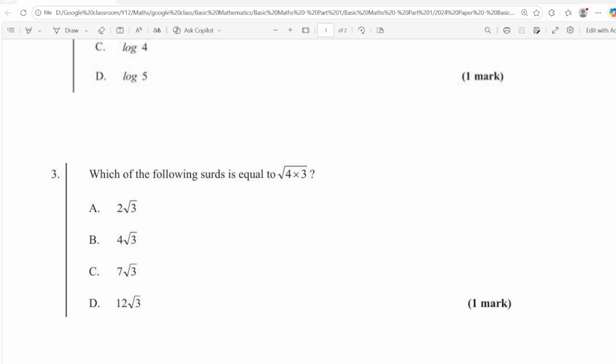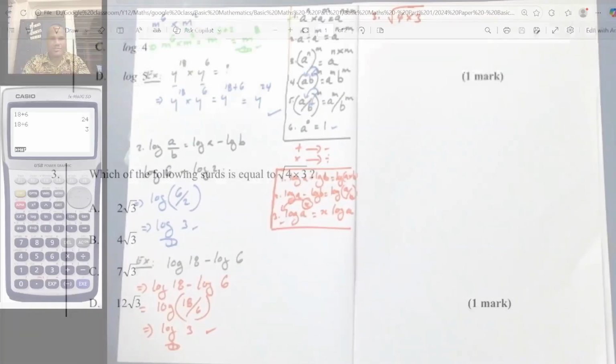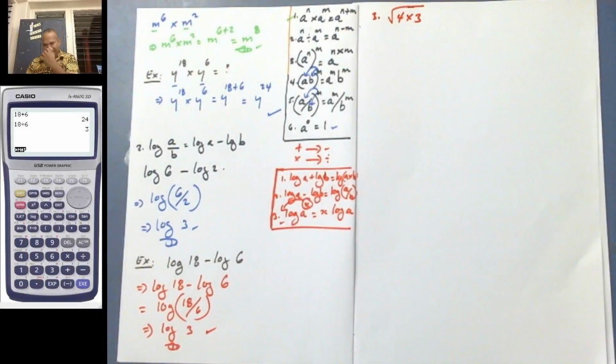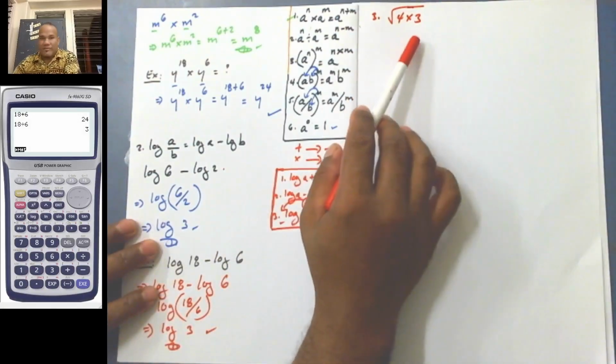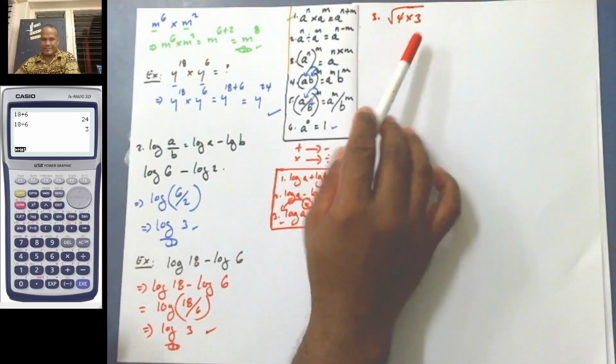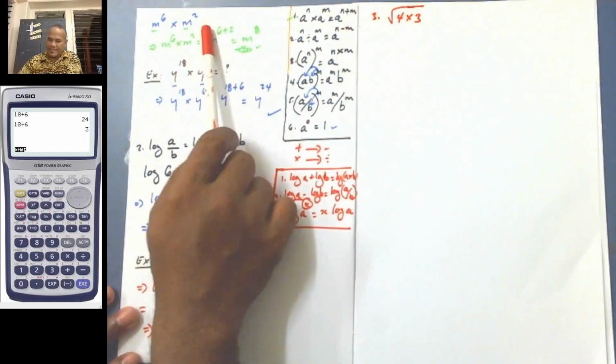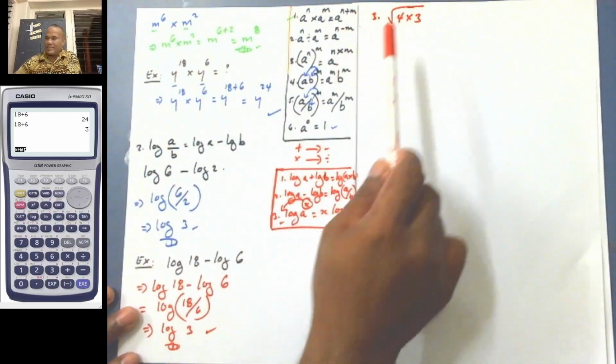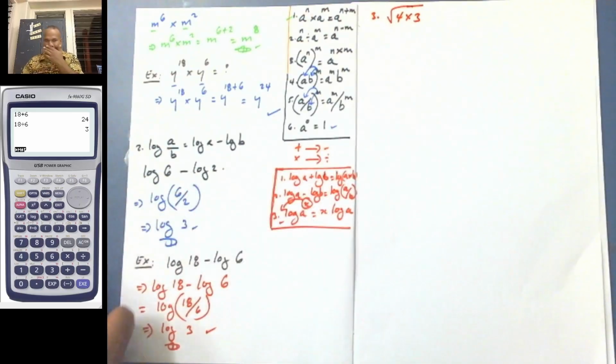Let's try and solve that question. Which of these values is represented as that? Now, this is base index, this is logarithm, and this is surds.